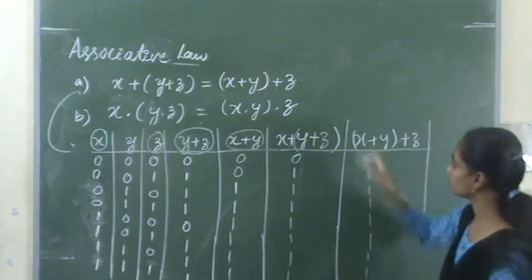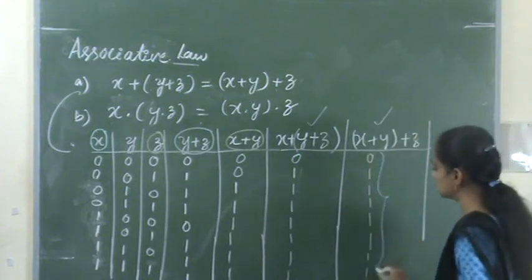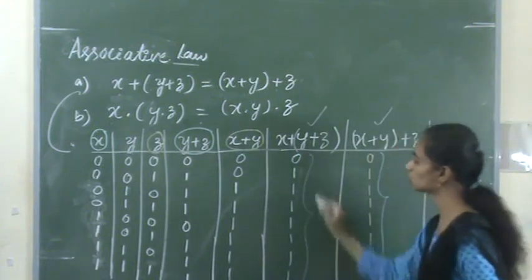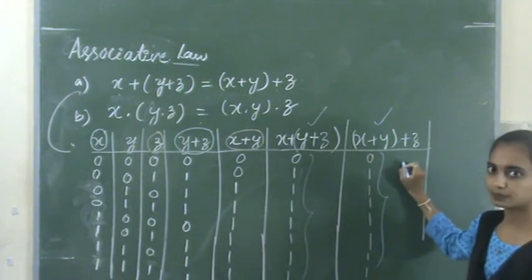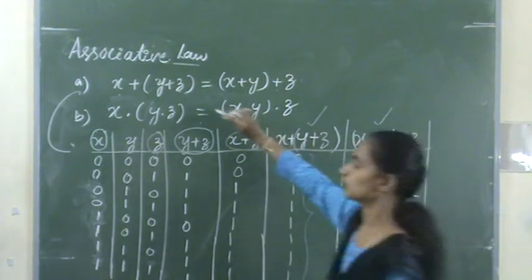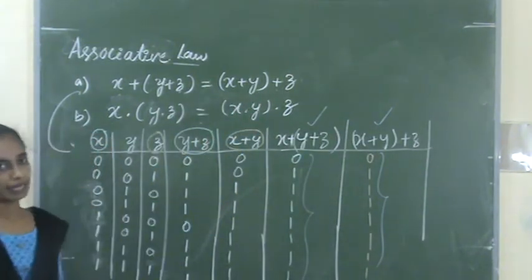See, look at these last two columns, we get the result for both expressions as the same, right? So hence we can prove that x plus (y plus z) is equal to (x plus y) plus z.